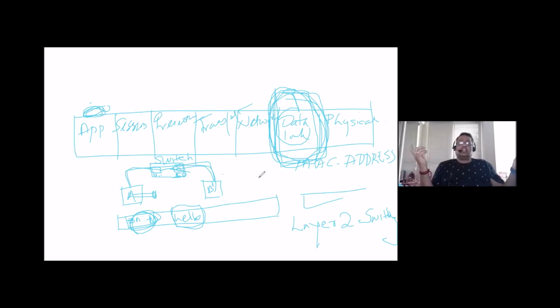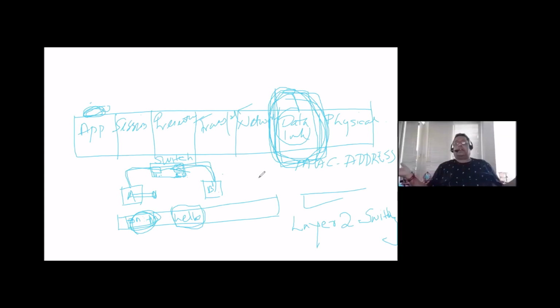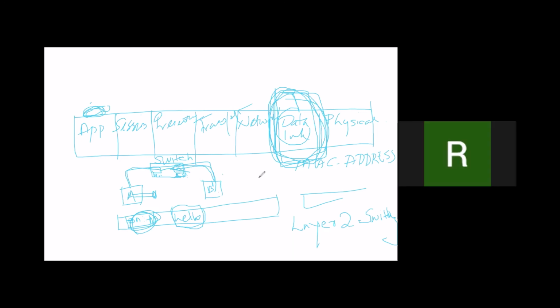Yes, sir. So all of that happens at the application layer. So the network doesn't care what data is being sent. All it does is, I got a packet, I will add more information on top of it so that it can reach the right destination. Okay.